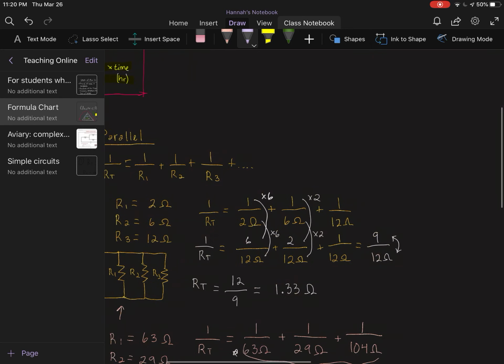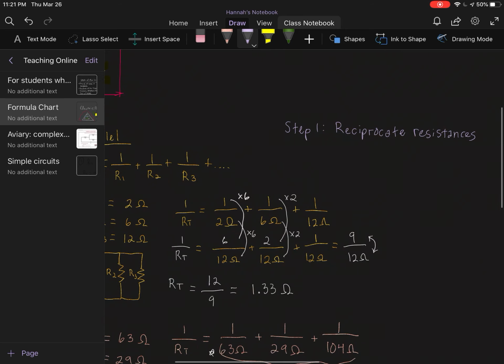Okay, so the first step is to reciprocate. Step 1, reciprocate your resistances, which basically means put them underneath 1.